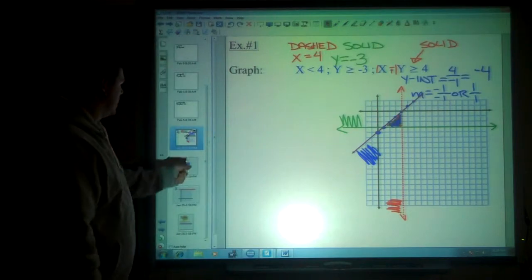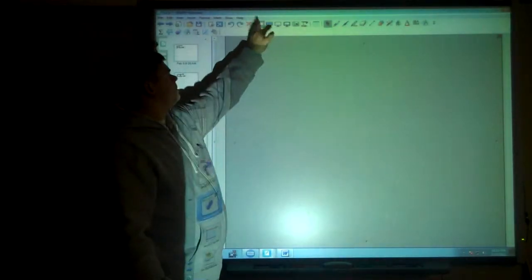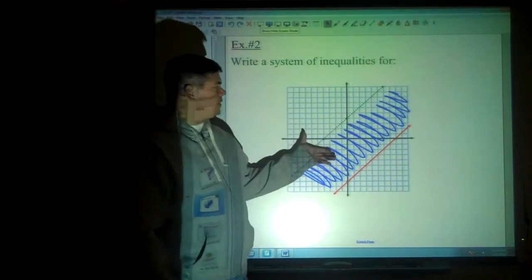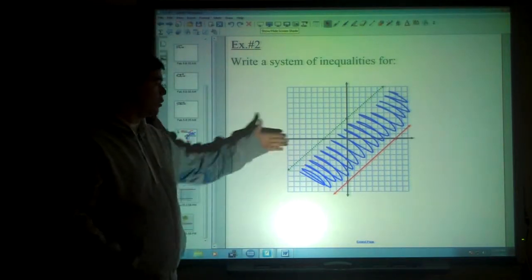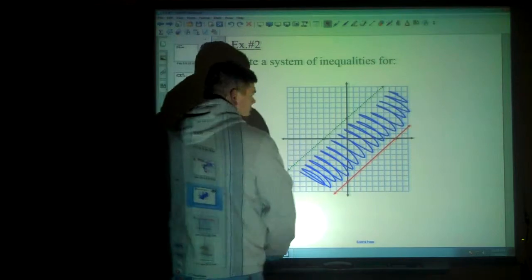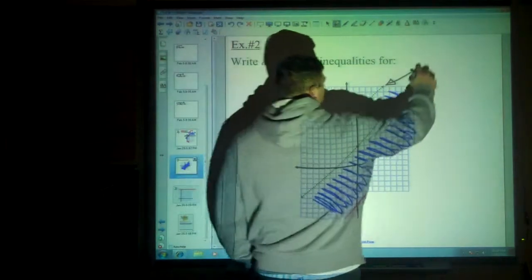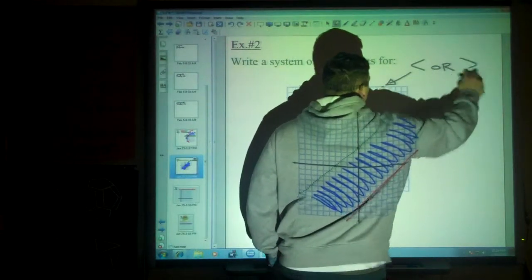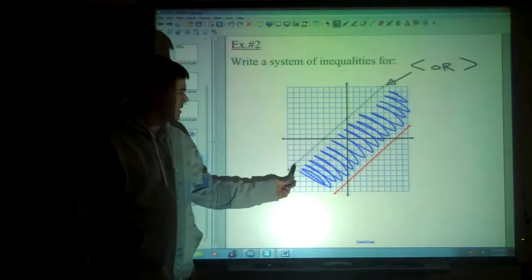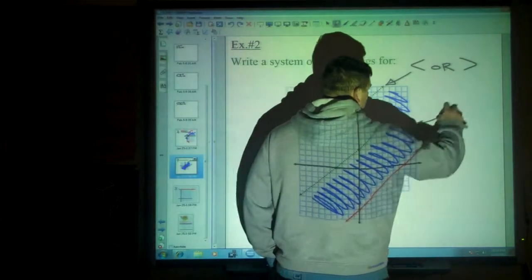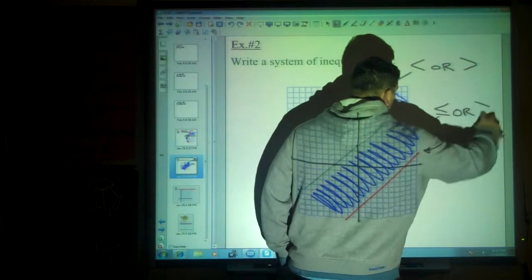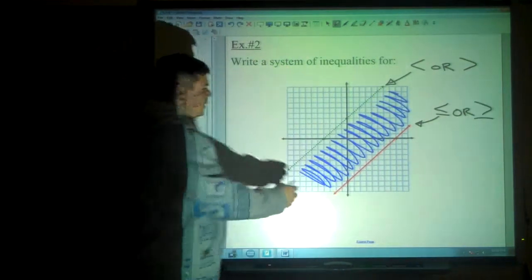Now to go the other direction, say we're given lines and we now have to write the system, it means we need two equations, we need two inequalities in this case. So a couple notes. First of all, we know it's going to be one of those two signs because it's dashed. We also know that this is going to be one of these signs because it's solid.